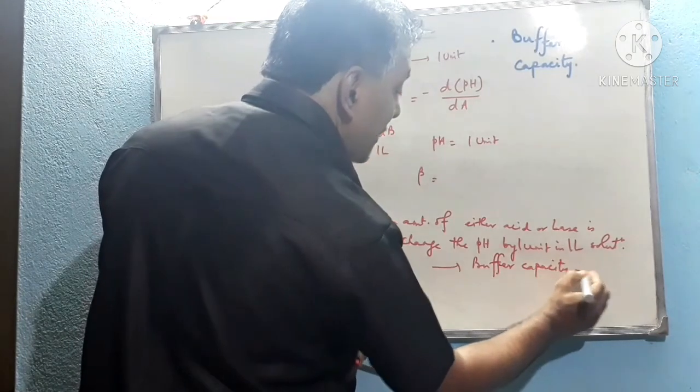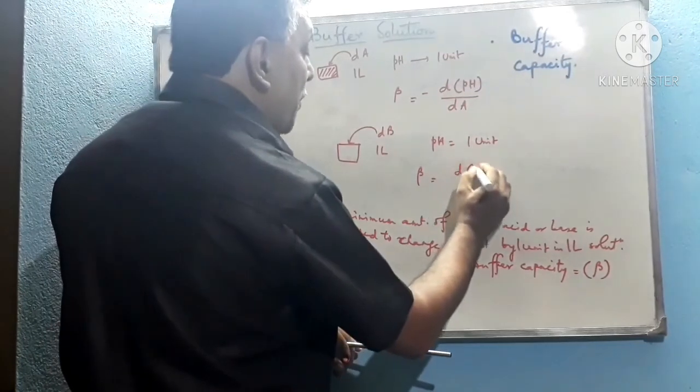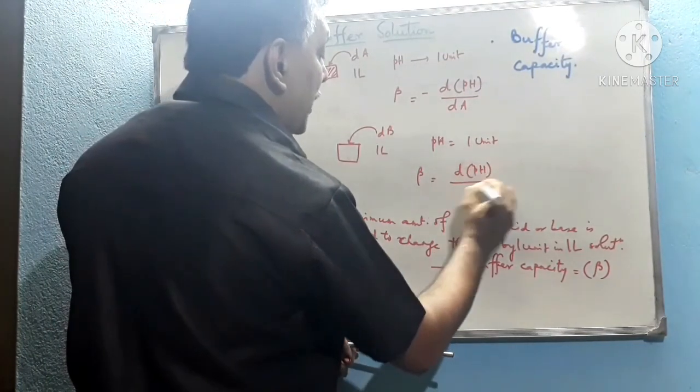Buffer capacity is denoted by beta. So here beta equal to d of pH divided by db.